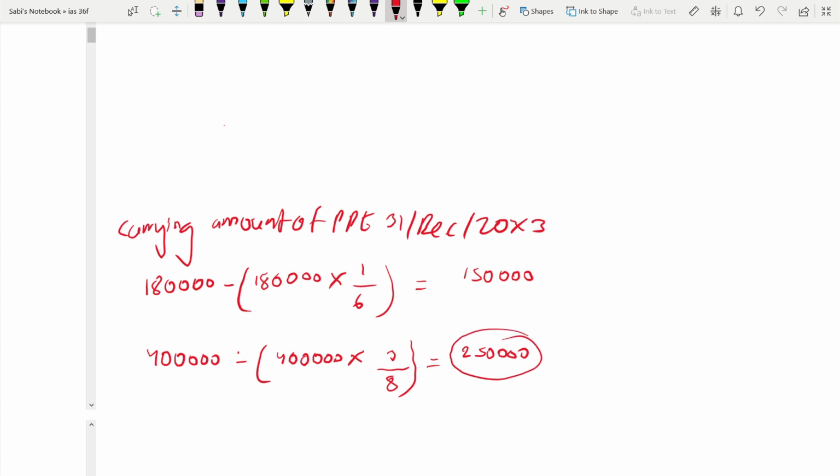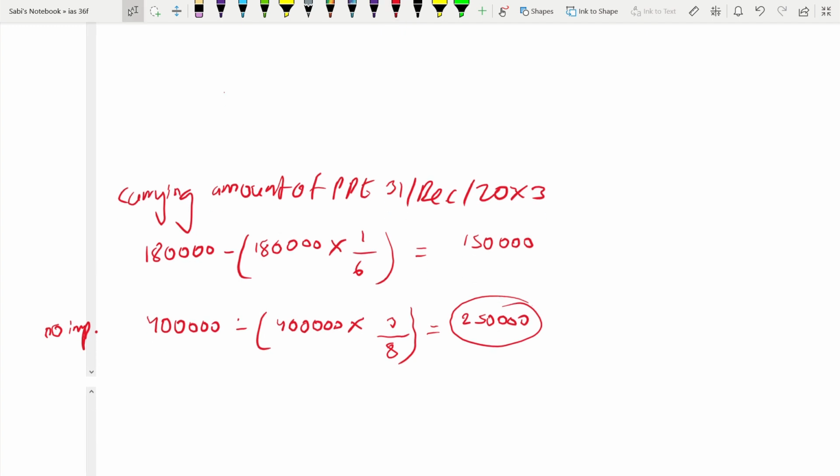So the maximum that could be your carrying amount is this. If no impairment had taken place, the carrying amount of PPE would have been 250,000, right? This is the maximum you can increase your carrying amount of asset up to. So from 150 you can increase it up to 250.